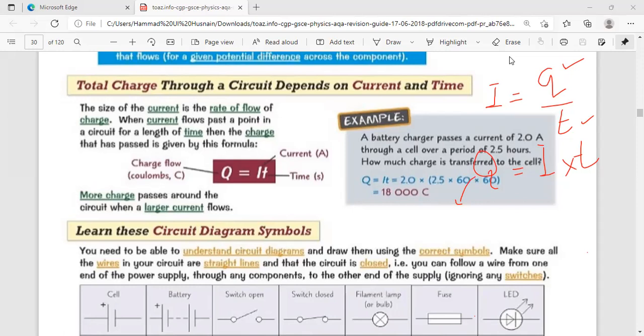You see, we have defined the current like this. What is current? Current is basically the amount of charge Q that is flowing through a circuit in a time T. Now, when we rearrange this equation, Q is the charge flowing through, and if we want to know how much charge is flowing through this circuit, how will we find it?